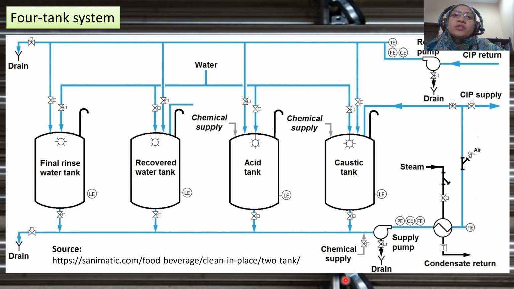As you can see in this 4-tank system, pumps are used to supply the CIP medium to the processing system, to the processing line, to return the CIP medium to the CIP station, and they are also used for dosing concentrated chemical to the main pipes.